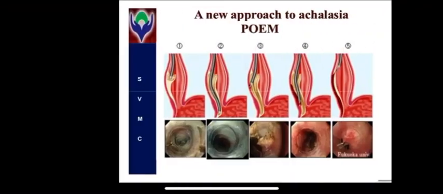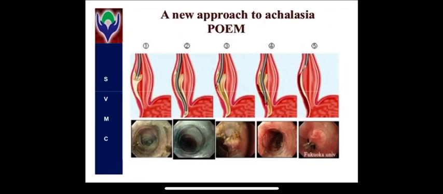closed with endoscopic clips. This is a pictorial representation of a person performing a per-oral endoscopic myotomy, where the first picture shows the beginning of the submucosal tunneling about 10 centimeters above the gastroesophageal junction, wherein saline and indigo dye is being injected.